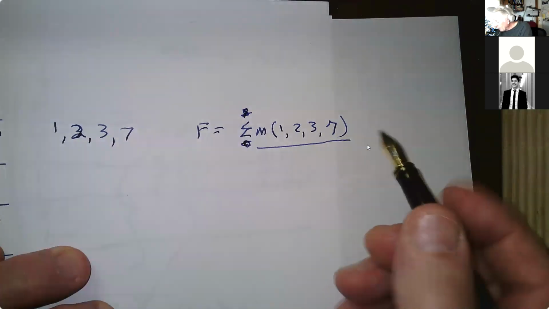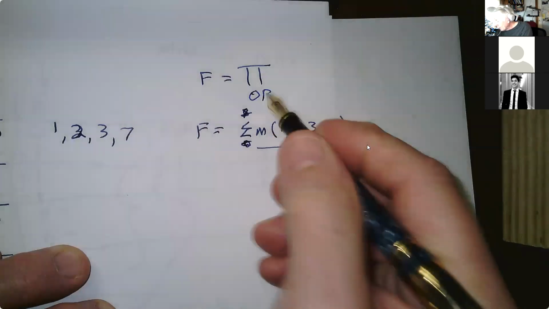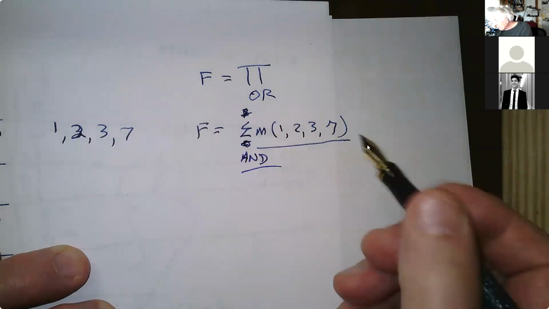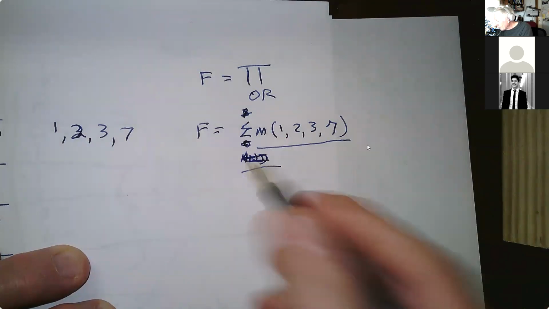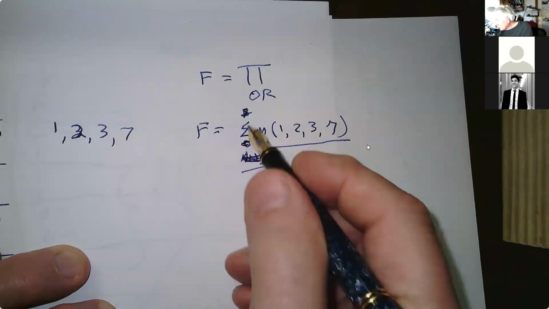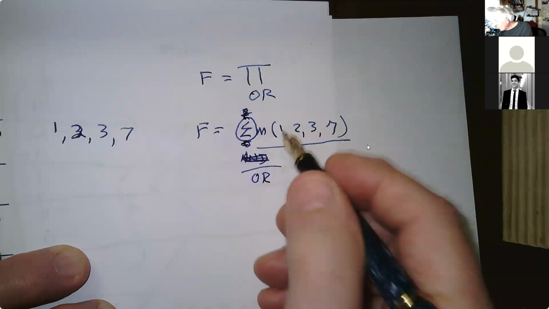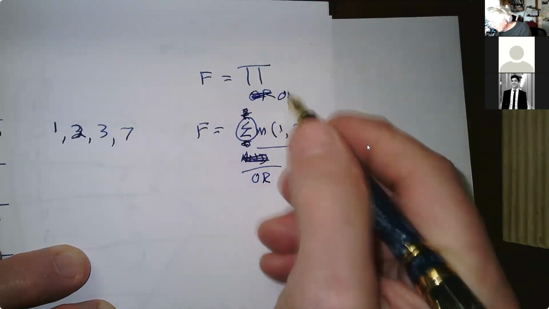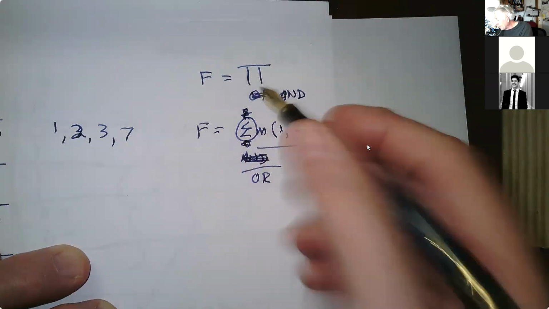And if I want to write the max term, I write F equals the product, which means the ANDing. No, that's wrong, I'm sorry. This symbol represents the output gate, which in this case is an OR gate, but these are AND terms. Whereas here, the output gate is an AND gate because we're multiplying, and here we're summing.